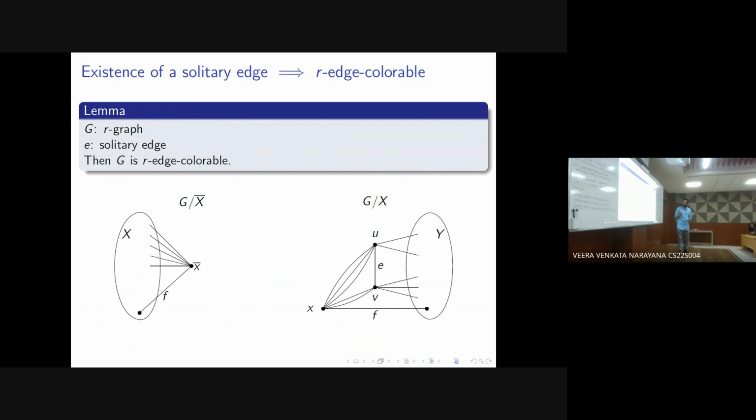Yeah. So these two are smaller r-graphs, but to apply the induction hypothesis, I need to show the existence of a solitary edge in both the graphs. Now I claim that E is solitary in G shrink X and F is solitary in G shrink X bar. Why is this true?